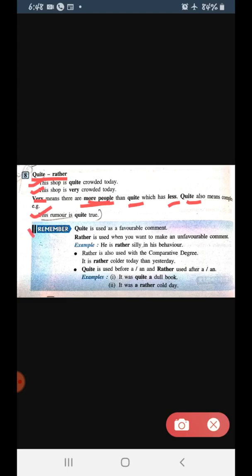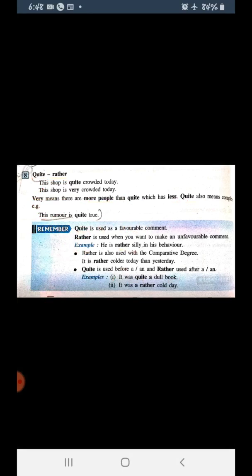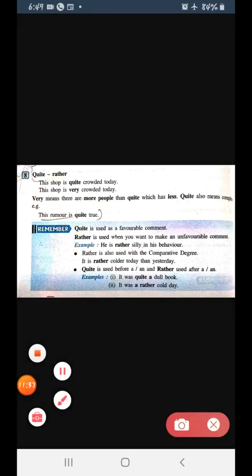Okay. Now remember, quite is used for a favorable comment. That means you can say it in a positive way. Quite again, quite is used for a favorable comment.